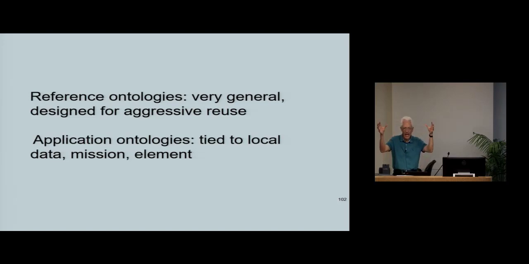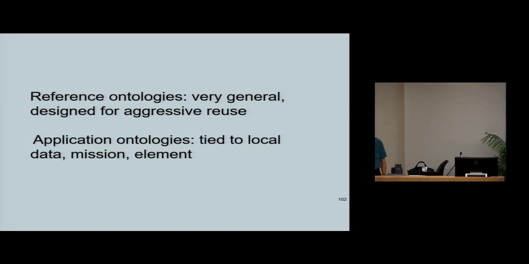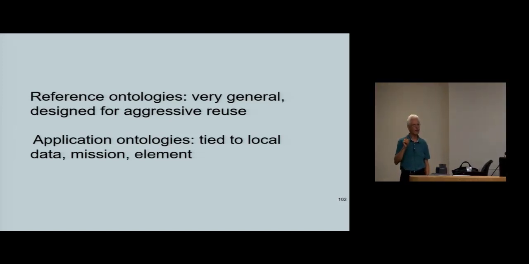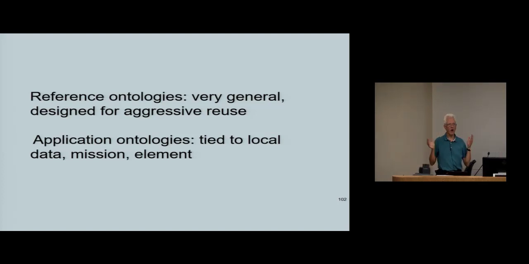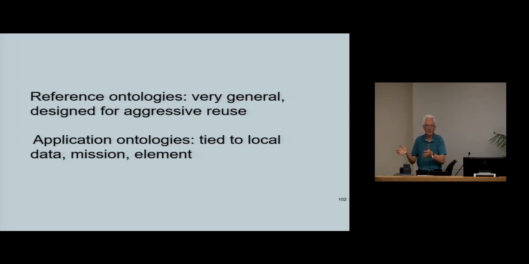So you take ingredients from multiple reference ontologies and combine them for your specific application purpose. And when you do that, some of the principles which we have been emphasizing are no longer going to apply. So one principle is that all ontologies should be open, completely in the public domain, free. Anyone can use them for any purpose. But your application ontology may just be the Boeing cleaning department.